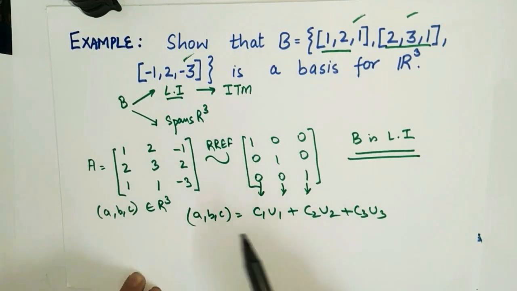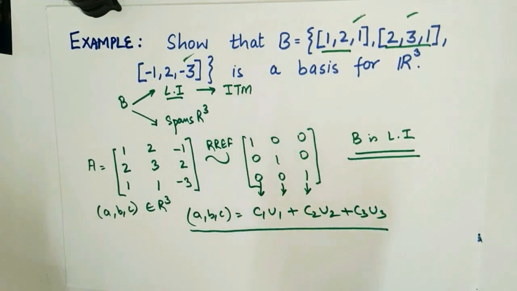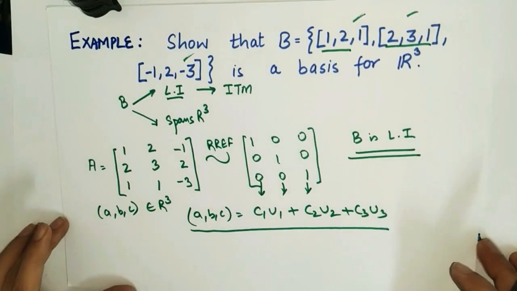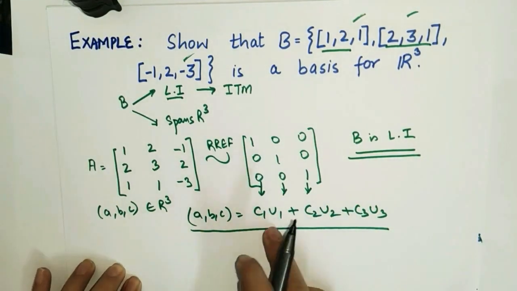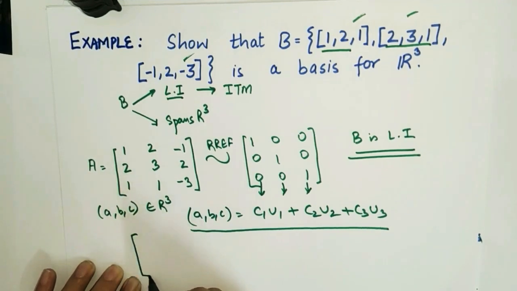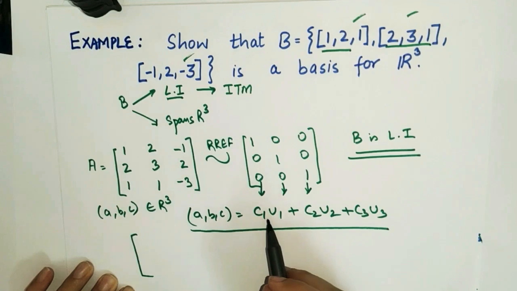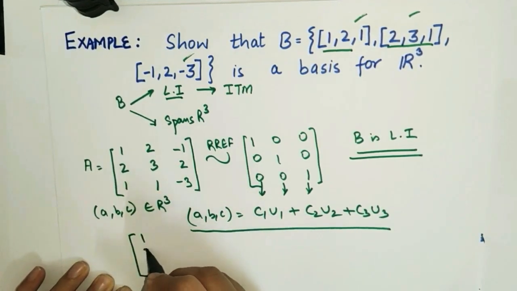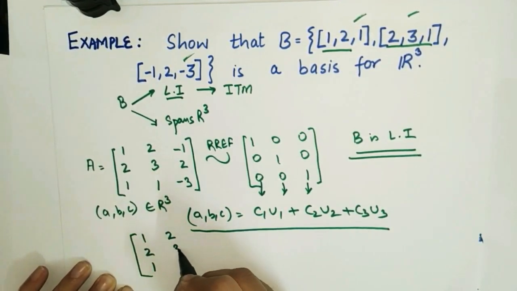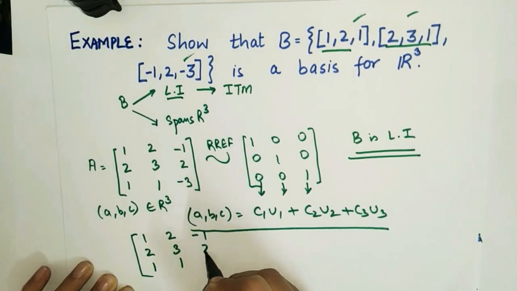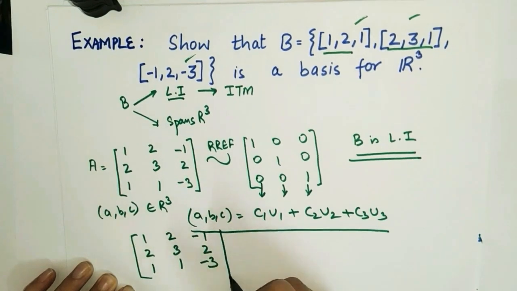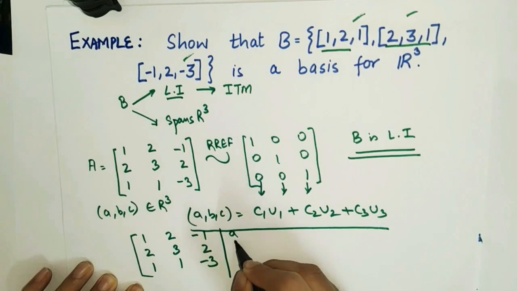For this, we see whether this system is consistent for all values of a, b, c or not. For that, we write the augmented matrix of this system: 1, 2, 1, 2, 3, 1, -1, 2, -3 and a, b, c.